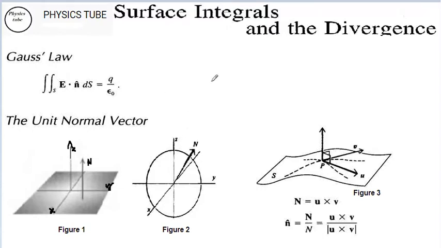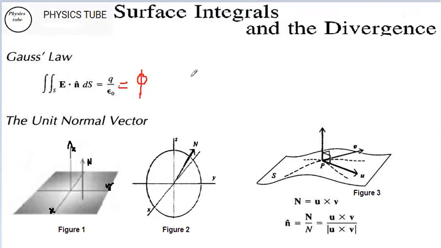To talk about application, the knowledge you already have till now is Gauss's law. Here we know the dot product of the electric field and the surface area vector, integrated over the area vector, is equal to q by epsilon naught. This is of course a scalar quantity, and this is equal to phi. Phi is flux.